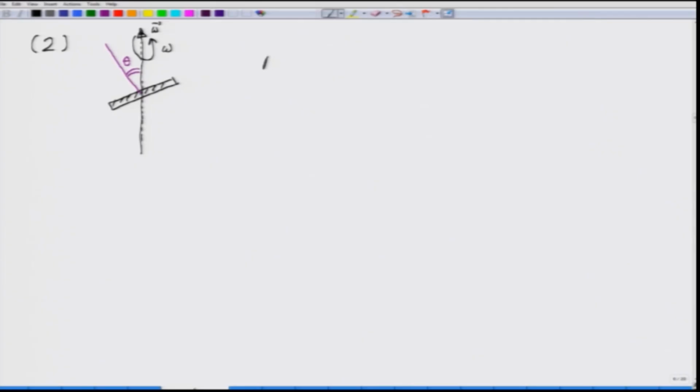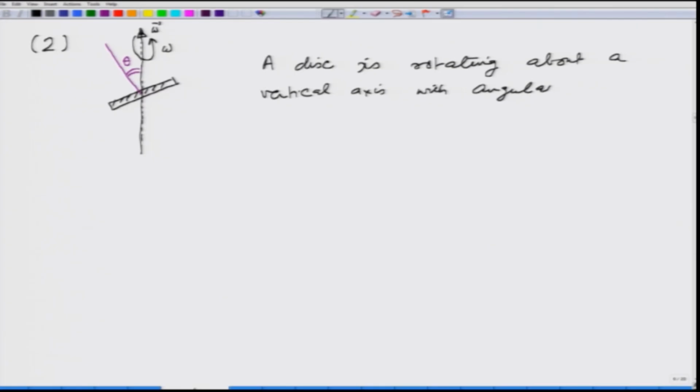So, the problem is: a disc is rotating about a vertical axis with angular velocity omega.